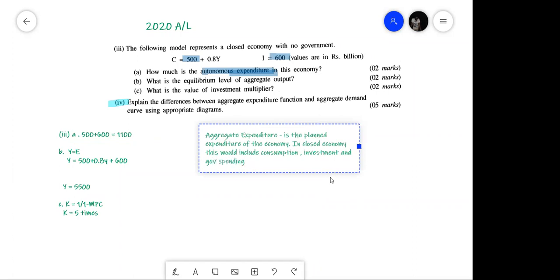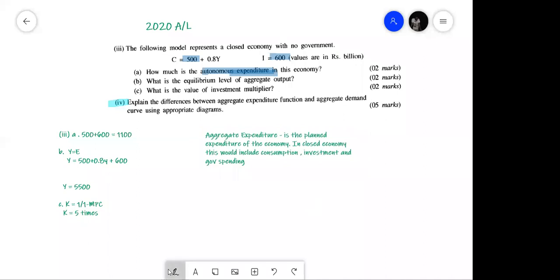So you can expand this. You can say consumption is the amount that consumers or households are willing to spend. Investment is the amount that firms are willing to spend. And government spending is the amount that the government is willing to spend. So aggregate expenditure, always say it's the planned expenditure. How much people are willing to spend, how much they're planning to spend.